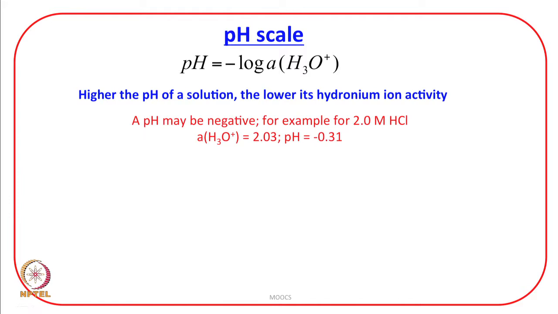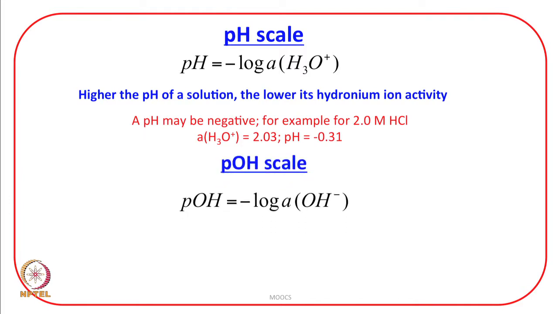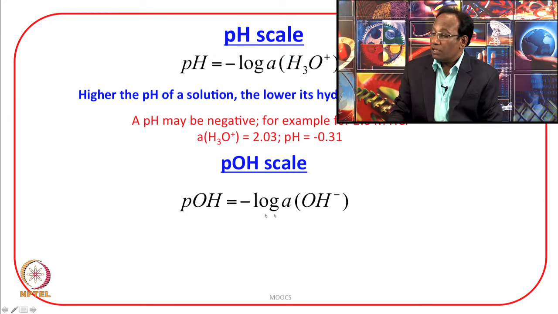We can also define the pOH scale. How do we define pOH? In the same way, pOH is equal to minus logarithm of activity of hydroxide ion. Here again this log is log base 10. pH and pOH are related to each other.